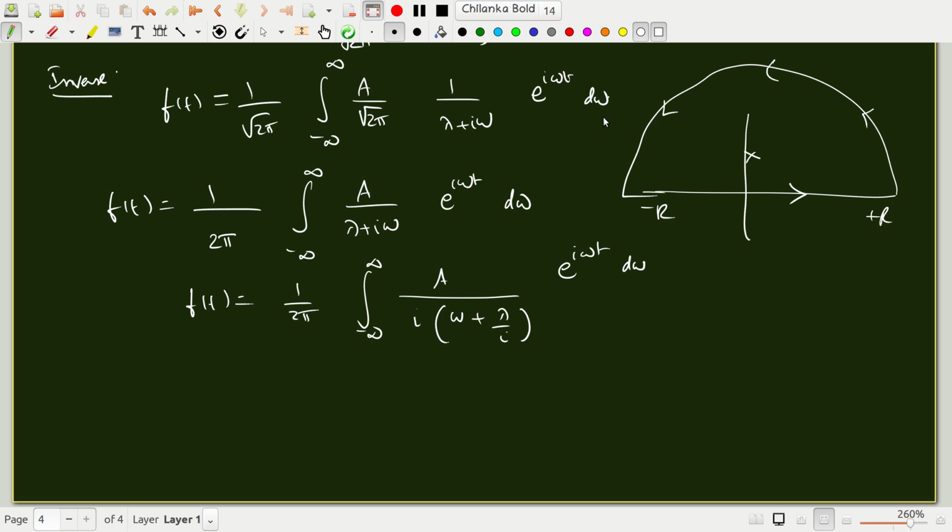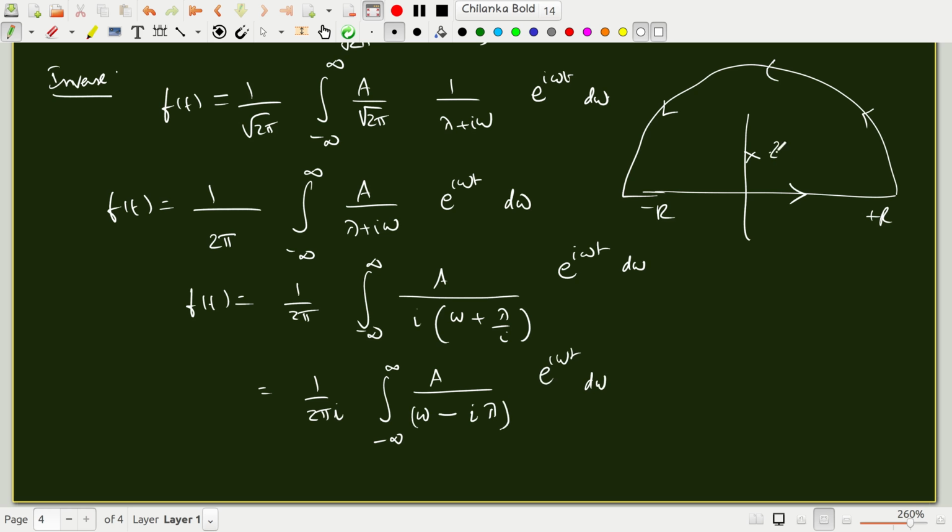Okay, I'm sorry, this can also be written as 1 by 2 pi integral from minus infinity to infinity of a by omega minus i lambda, but I'll also pull out a factor of i. And of course you have e to the i omega t d omega.